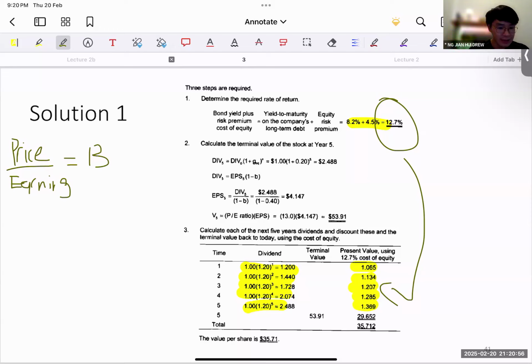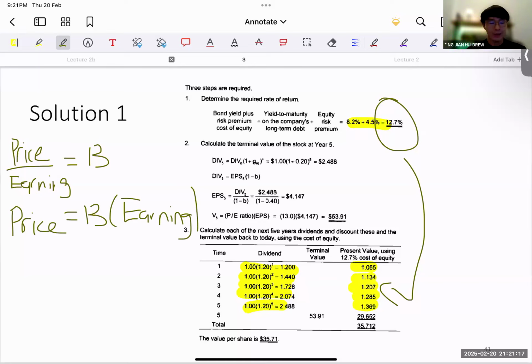So if we know the earnings, earnings times 13 will give you the price. So the price of the share equals 13 times earnings per share. Either earnings or earnings per share is fine.